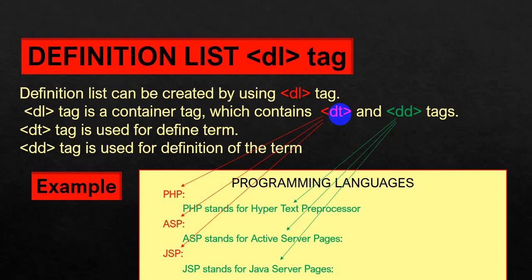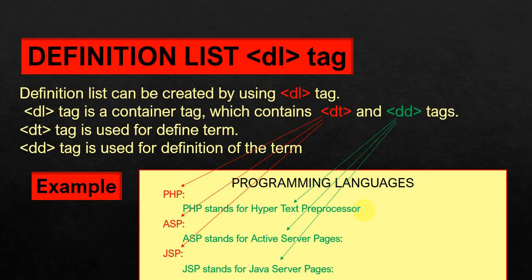For example, if you want to get this output, the red color is your DT, meaning this will come by using DT, and the green color I have written is the description of this term, which will come by using the DD tag. This is one of the easiest parts of our syllabus, and this is the last type of our list.